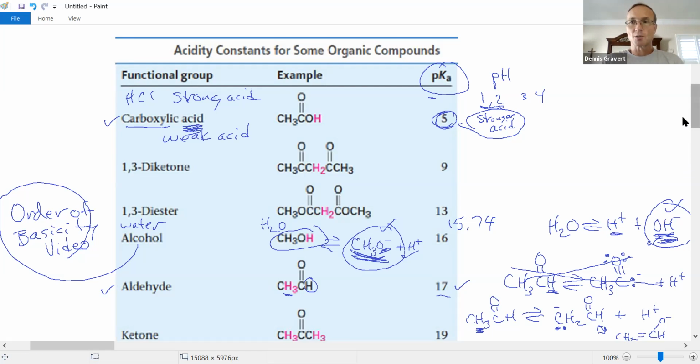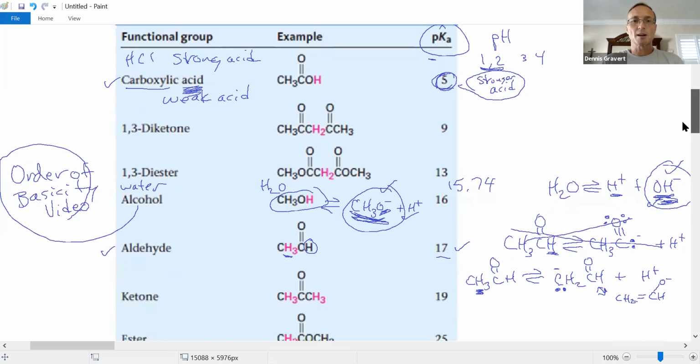What else do we need to know? Well, what about carboxylic acids? We did carboxylic acids. This hydrogen is the more acidic one. This one could fall off and do resonance, but in one of those resonance structures, the carbon has a negative charge. So nature says, no, no, no, just let this hydrogen fall off. So the oxygen in those resonance structures always holds a negative charge, much better than carbon holding on to a negative charge.